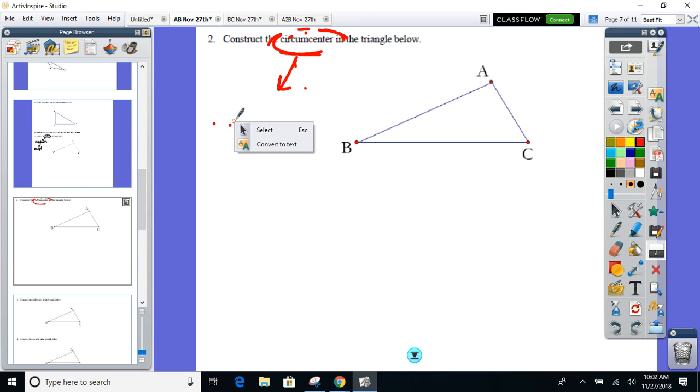So draw your perpendicular bisector, just draw the lines through, that's all you need to do. And you'll find your circumcenter, and I'll show you a great way to check it. Perpendicular bisectors do not have to come from a vertice.